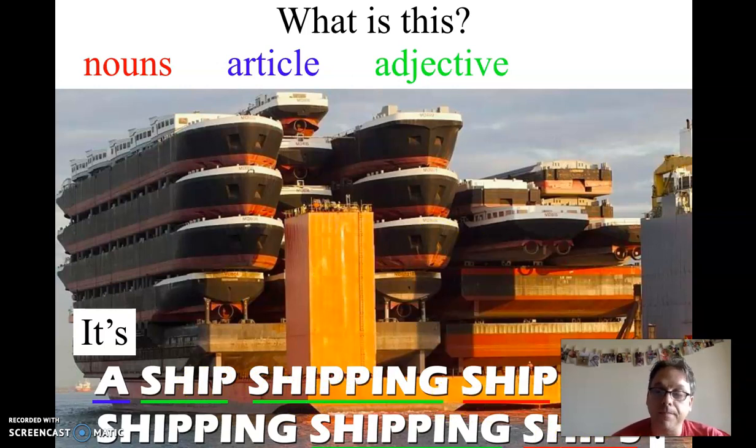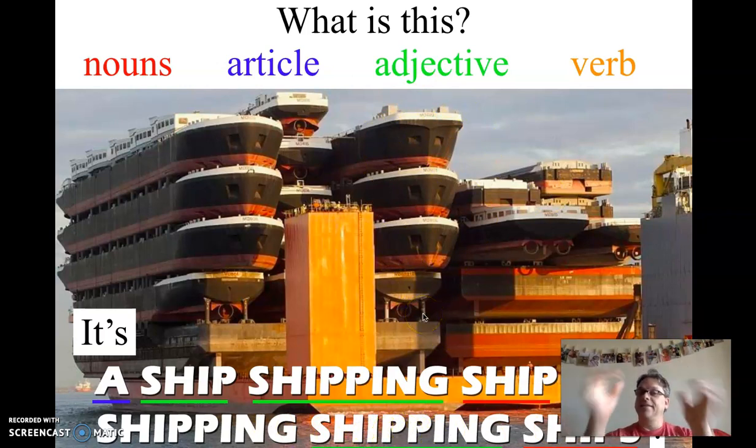So what is the verb? Well, the verb is this one. This ship is transporting these ships. Okay. Get rid of the adjectives here. What is this here? It is a ship transporting ships. Now the purpose of this ship is to transport ships. The purpose of these ships is to transport ships.